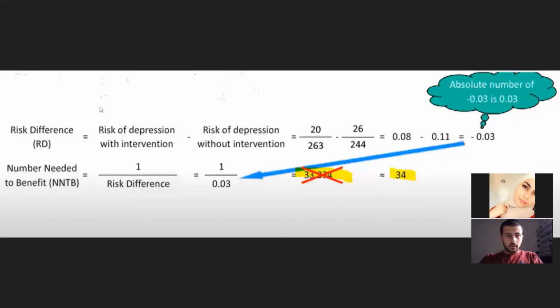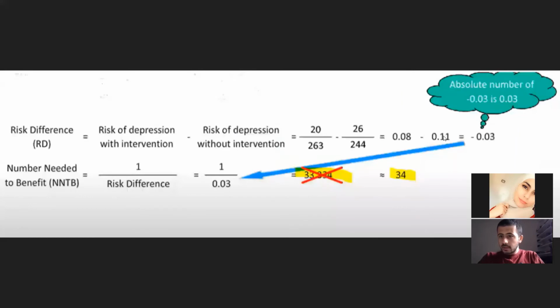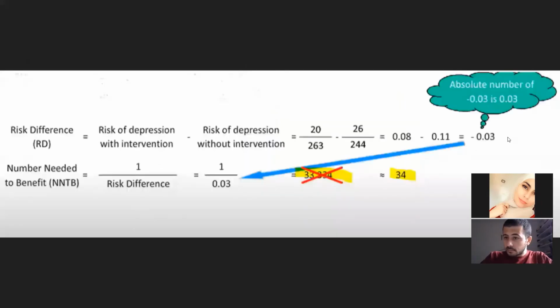I just put a minus between them, and here I got the difference. The difference is 3%. So instead of those 50%, the difference is just 3%. So I treated 100 to save 3. Do you agree on that statement?